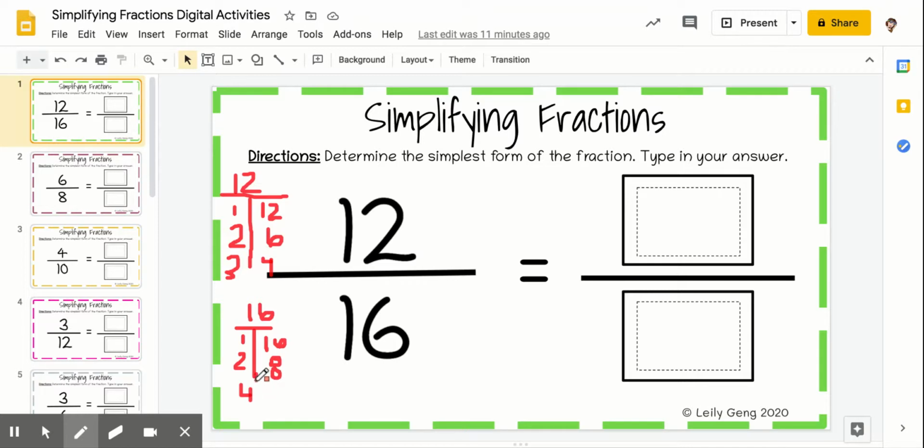Oh, let me extend this line. So looking at my t-charts, you got to make sure that all of your multiplication problems to get those numbers are included in your t-charts.